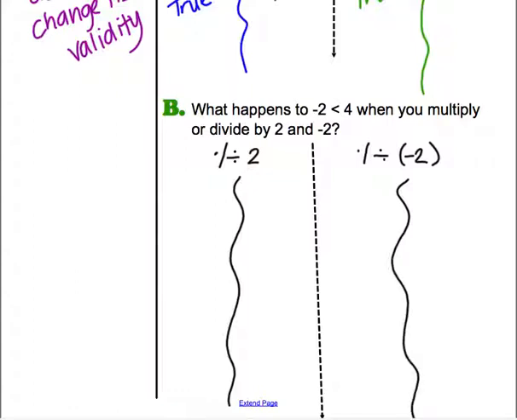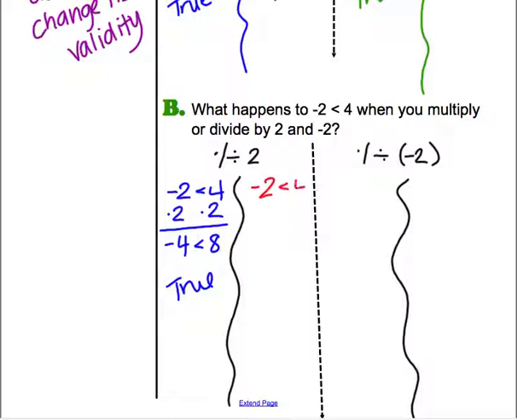So if I take first -2 is less than 4, and I multiply by 2, I get -4 is less than 8, which is a true statement. Now if I take -2 less than 4, and I divide by 2, I get -1 is less than 2. Still a true statement.